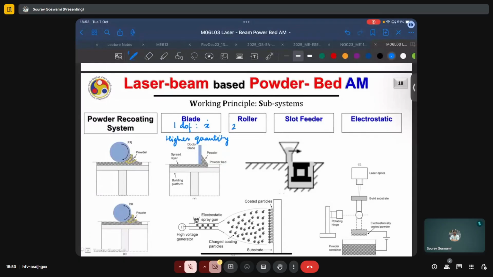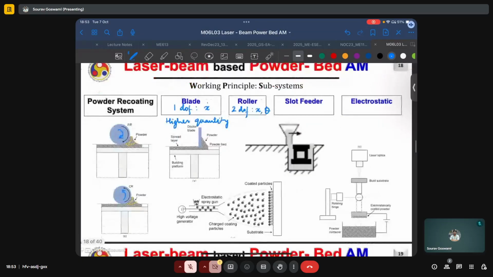Whereas in the case of a roller, we have 2 degrees of freedom. We have translation, and as indicated here, we also have the rotation of the roller. And so rollers typically tend to produce better compaction or more uniform layers. And again, based on the type of motion, they can have different effects, which we'll discuss in the upcoming slides.